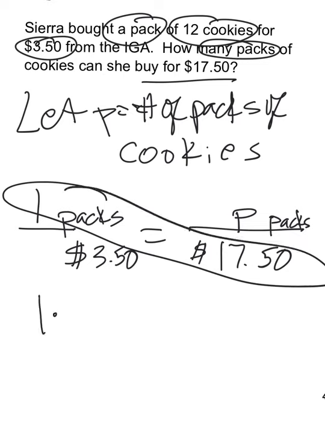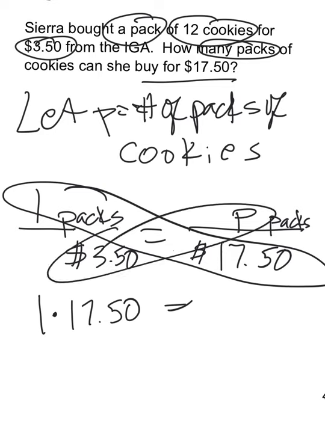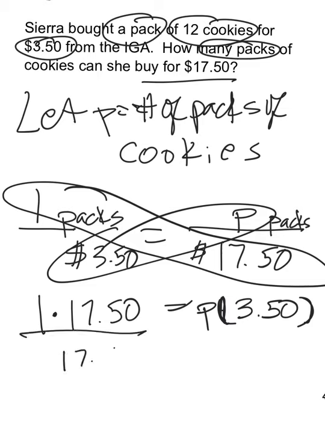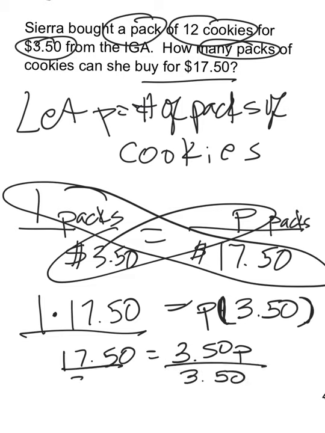So 1 times $17.50 equals P times $3.50. Too many dots, so I'm going to put parentheses on that one instead of a dot. All right, so now I'm going to simplify. Multiply that, $17.50 equals $3.50p. I like my coefficient before my variable. Simplify. I need to divide both sides by 350. Use inverse operation.